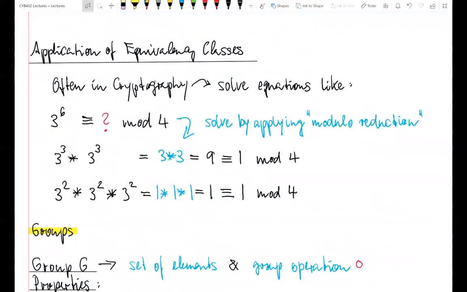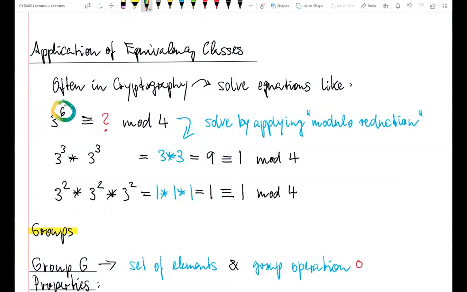So in cryptography, what you will see is numbers that we need to compute that are the result of a certain base to an exponent. So those exponents may be huge, okay?